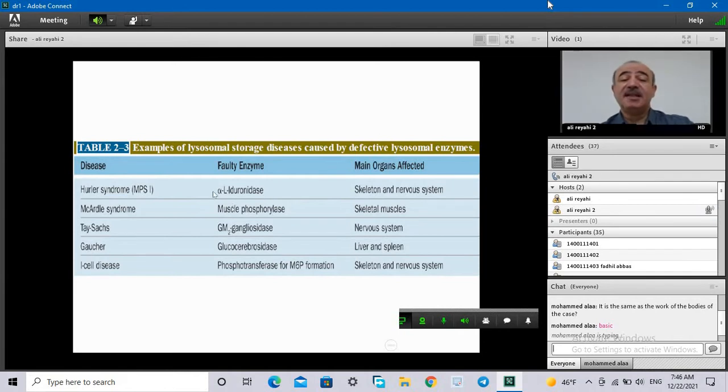That means this enzyme is missing, and this syndrome occurs in the body, okay? So the enzymes of the lysosome are very important.